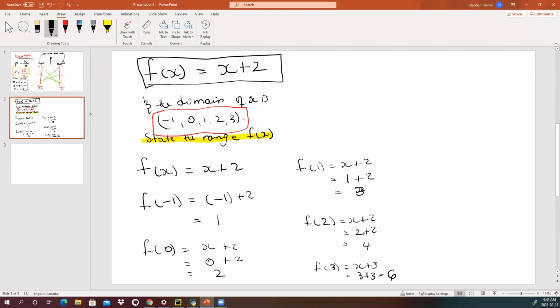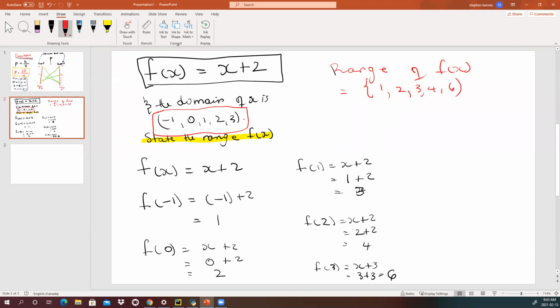State the range. So the range of f of x is equal to, and I can put it in a bracket, 1, 2, 3, 4, and 5.